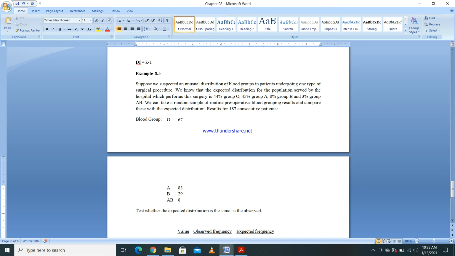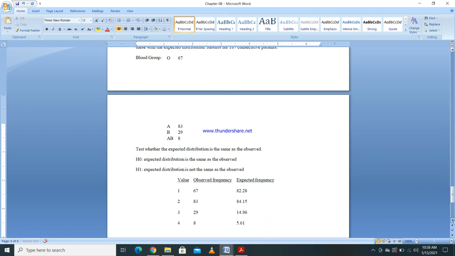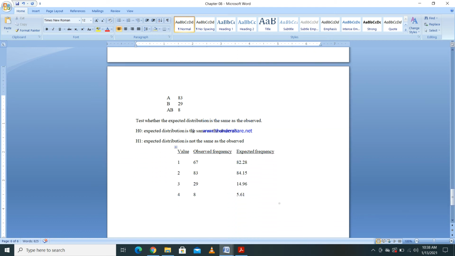So what you have to do is, take H naught, that is, the expected distribution is the same as the observed. That is your H naught, and H1, the expected distribution is not the same as the observed. That is your H1. So you have the observed frequencies, you have the expected frequencies.